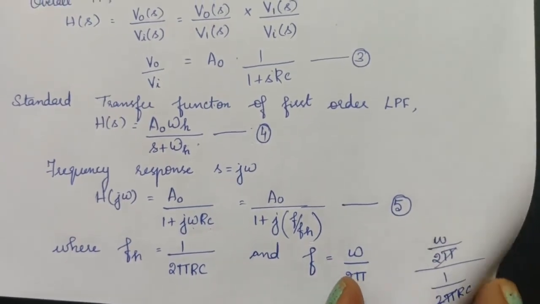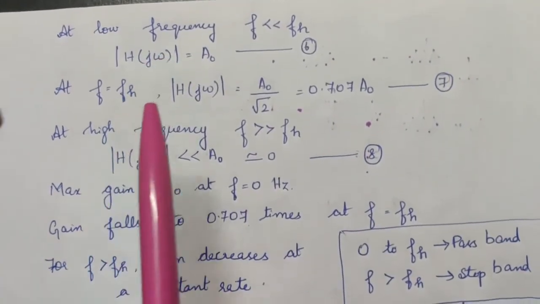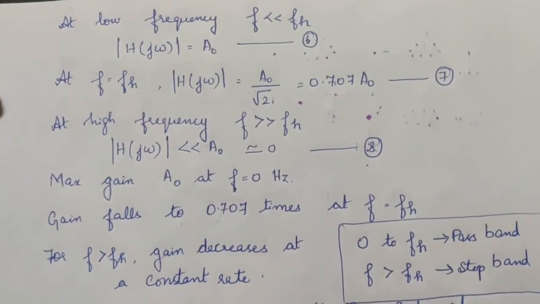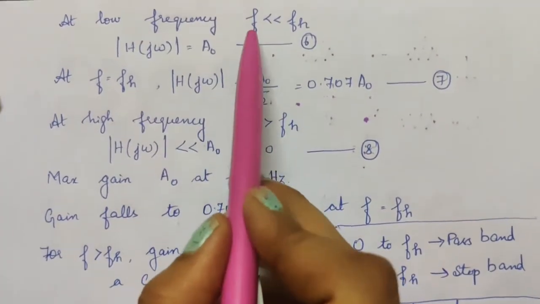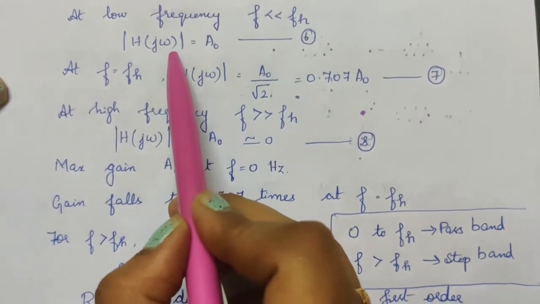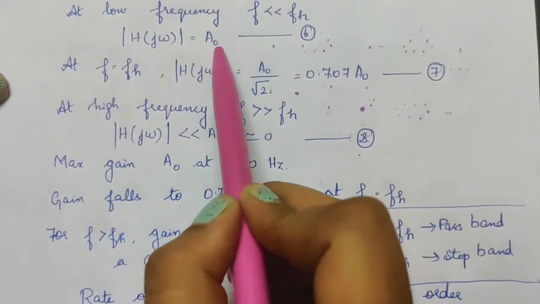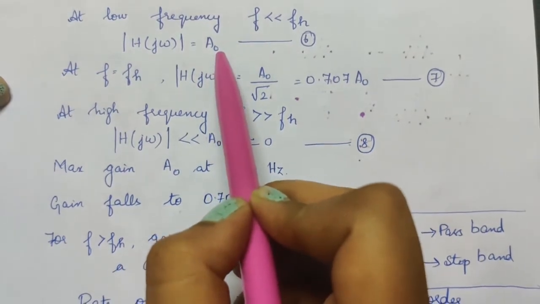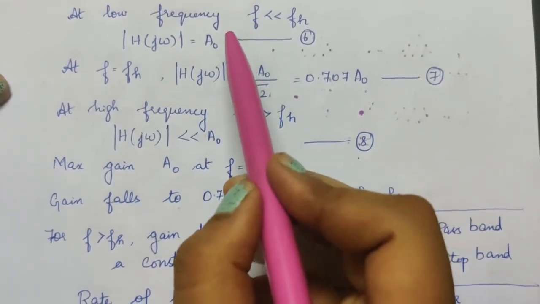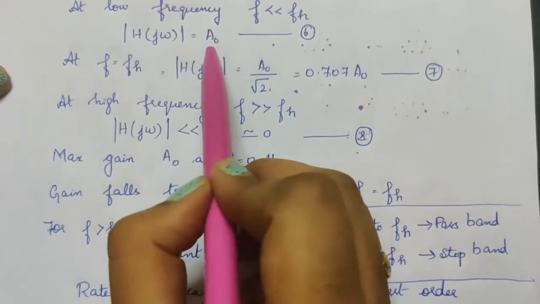Having this, we are going to consider three cases: at lower frequency, at higher frequency, and if the frequencies are equal. If F is less than FH, then the magnitude value will be equal to the gain A0. If the frequency is equal to 0 Hertz, then we attain the maximum gain A0.